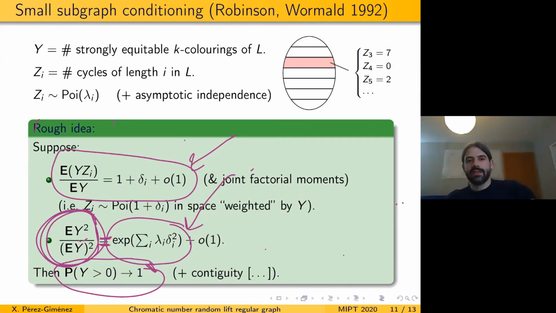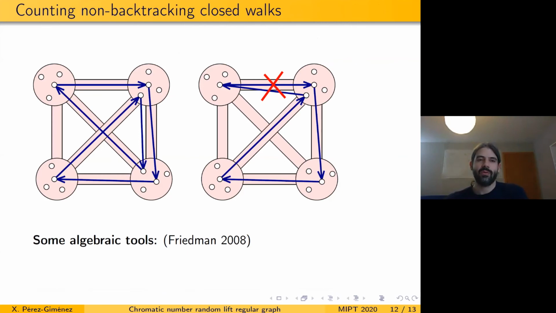Essentially, to do these calculations, a crucial point is to be able to count in your random lift how many cycles of a given length you have. And to do these calculations, you can translate that into investigating closed non-backtracking walks.